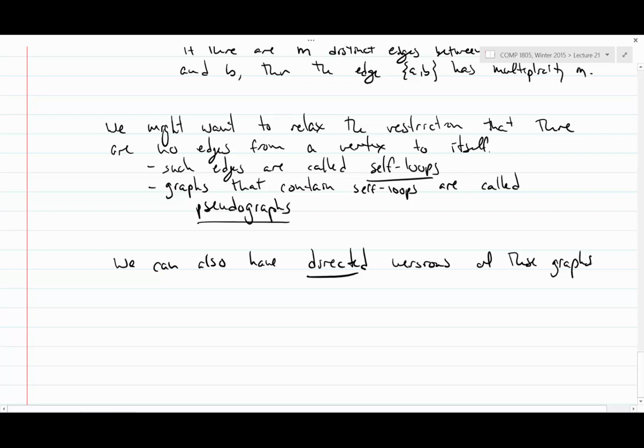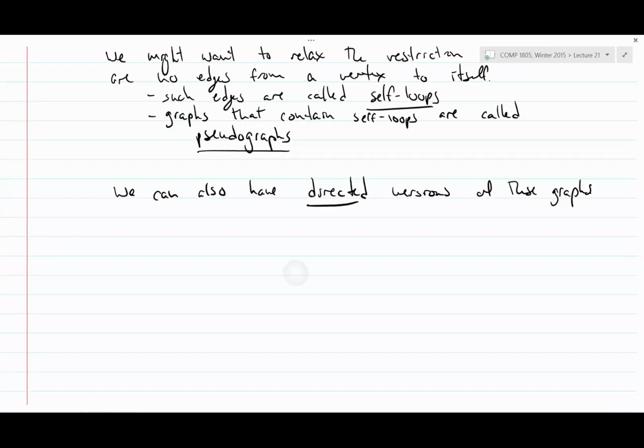So I'll give you an example of what that looks like. Let's say I wanted to have a directed multigraph. So I could have something like this. That goes there. This goes there. That goes there. Maybe there's another edge in this direction and another edge in the other direction. Goes over there.